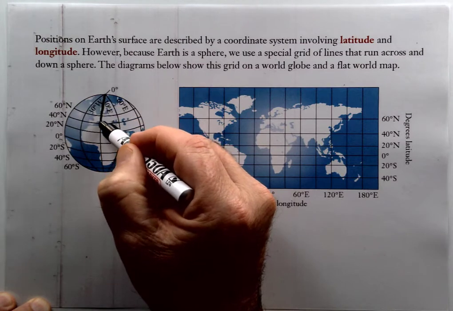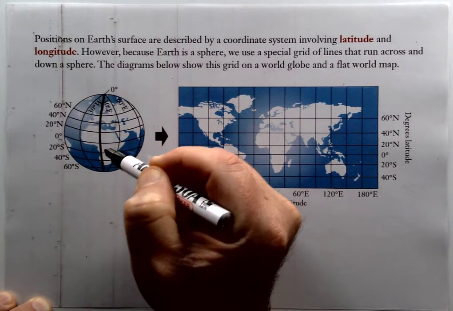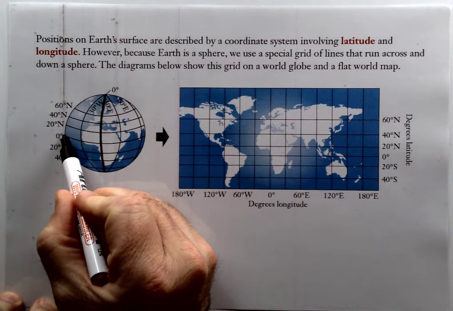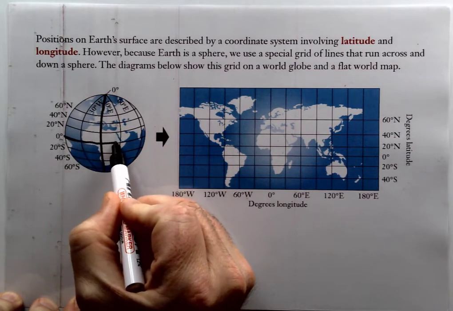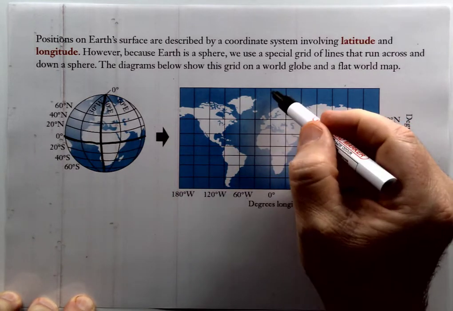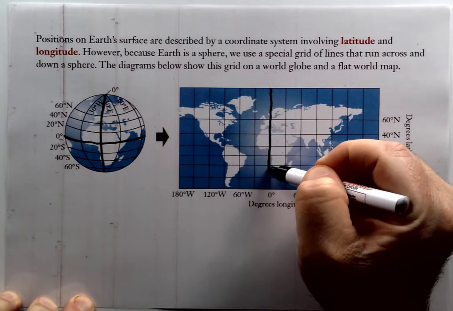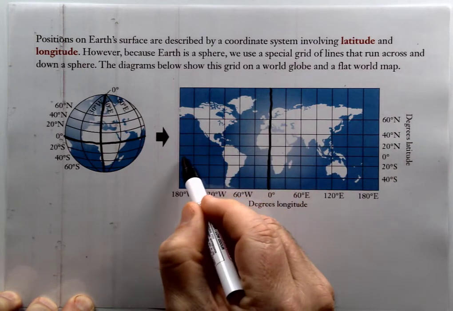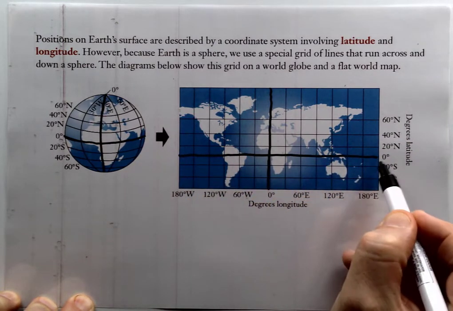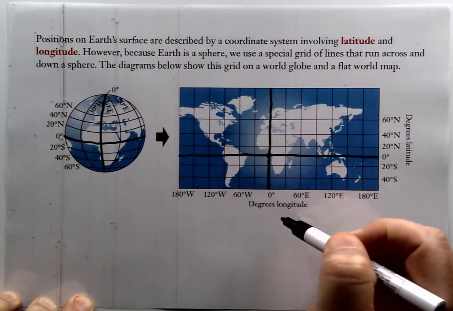One is going to be a vertical line, which happens to pass through London. We've also got the equator here. Those two lines are going to create our X and Y axis effectively, so let's see them here on the world map. Everything is going to be measured from this point here.